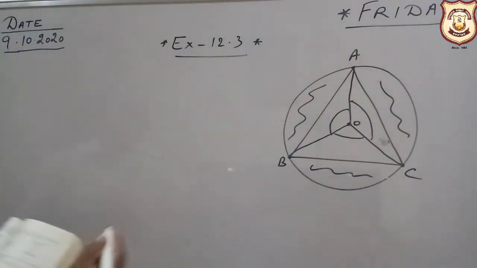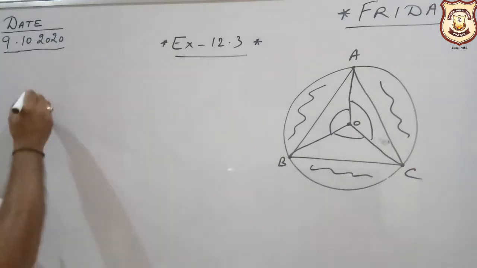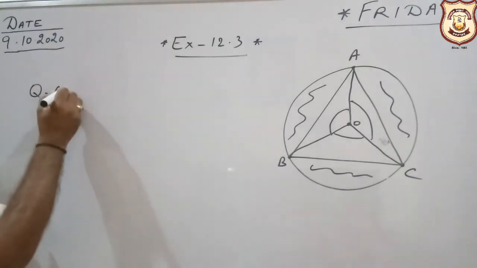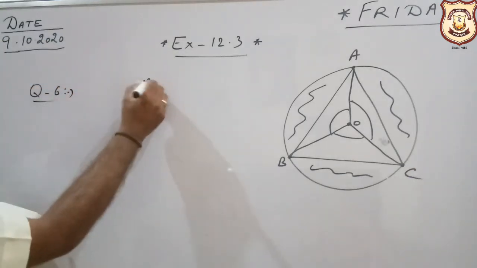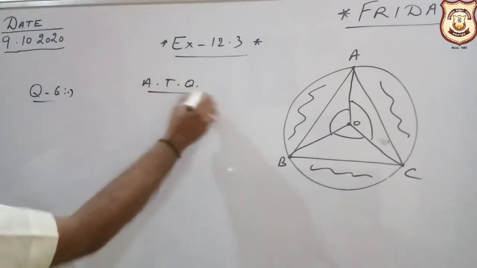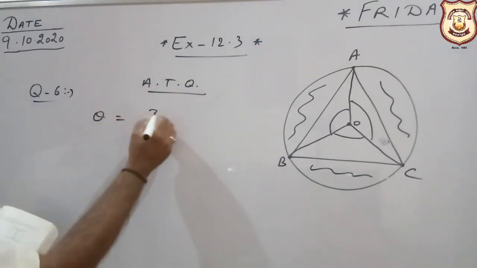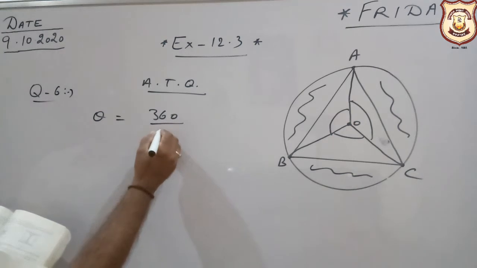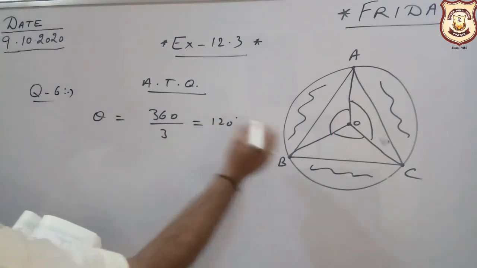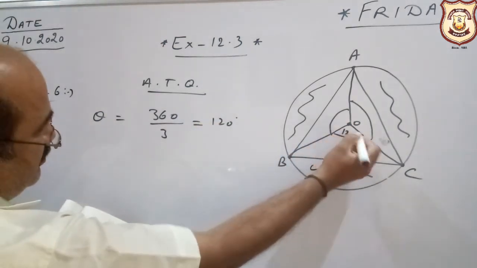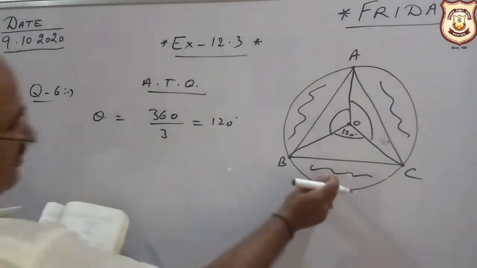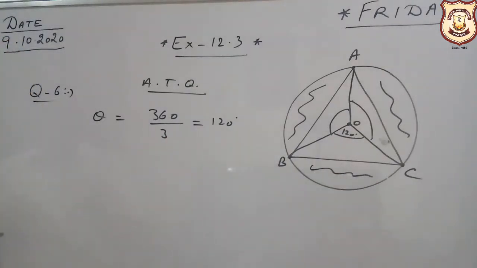First you can find the value of theta. Theta equals 360 by 3 equals 120 degrees. So the area of segment concept we will use.